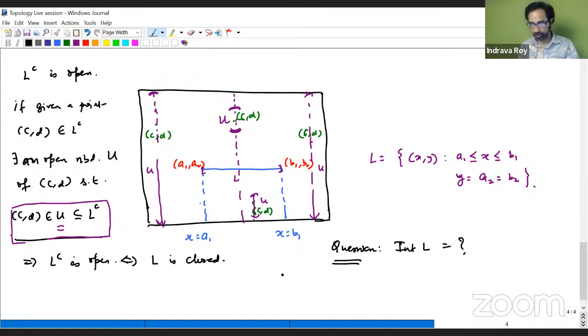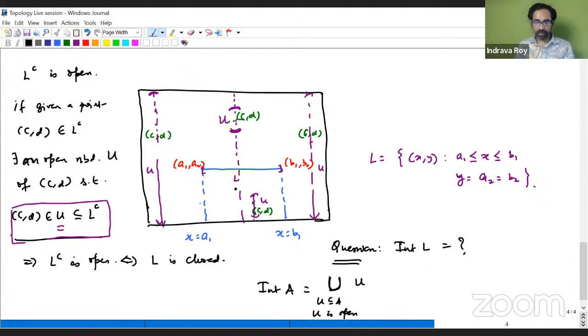The interior of a set A is the largest open set contained inside it. So it is the union of all sets U for which U is a subset of A and U is open. Right? So this is the largest open set.